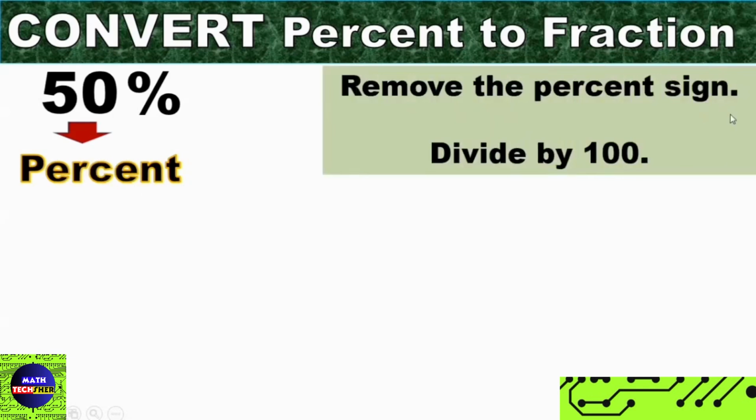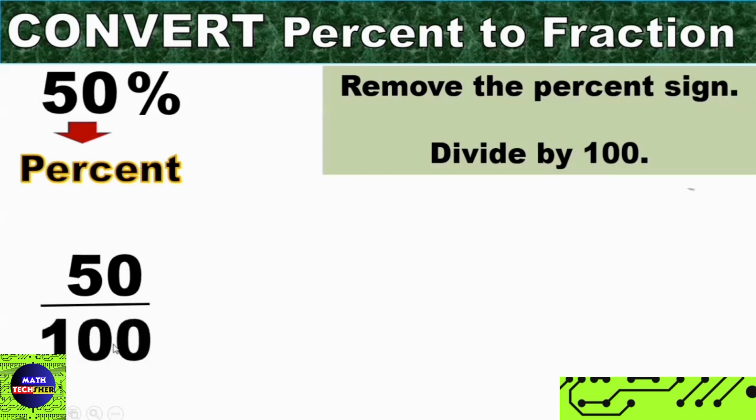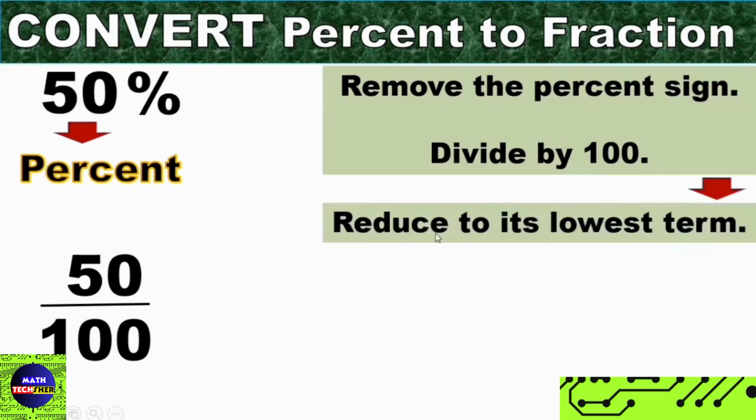The first example is 50%. The first step is remove the percent sign and then we're going to divide by 100. So now we have 50 over 100 and then reduce to its lowest term. Okay, so in this example, we can cancel 0. Then now we have 5 over 10.